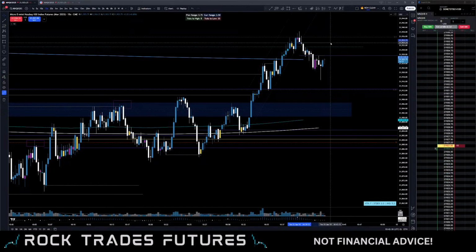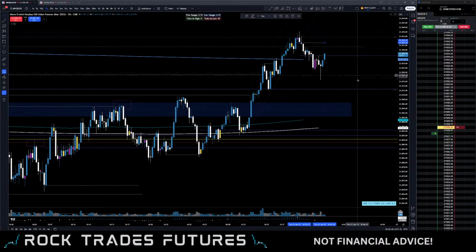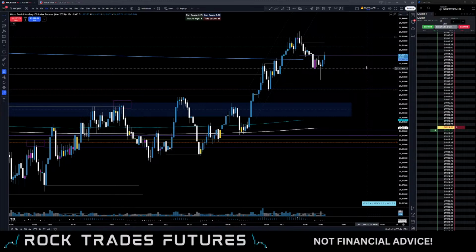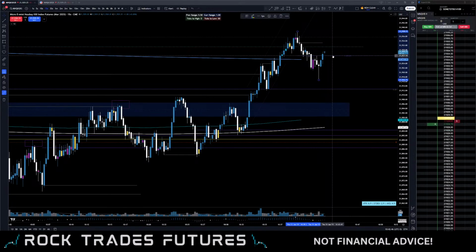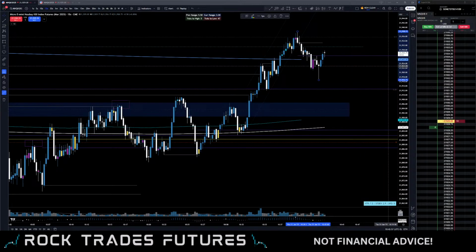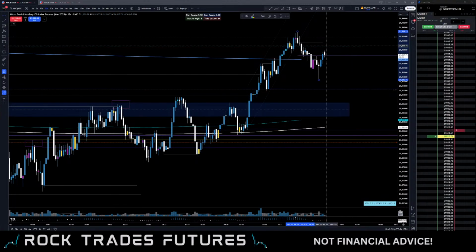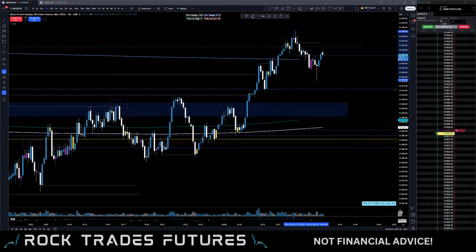Do not want to get caught holding that bias too harshly though. All right, we're above 50% of this range already. There is an inverted fair value gap on the 1 minute.